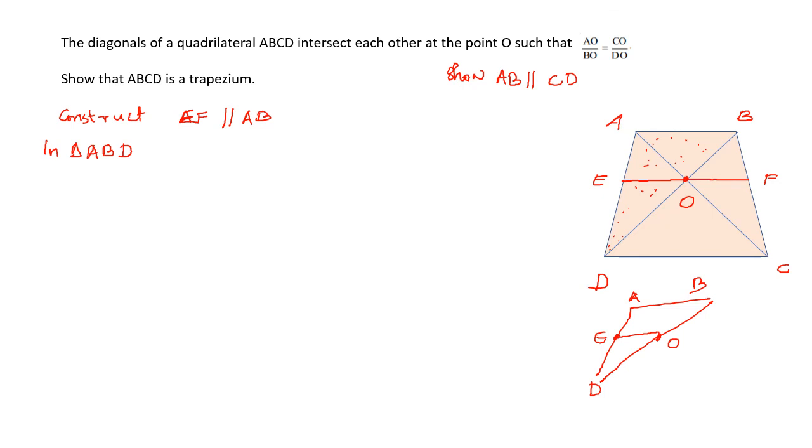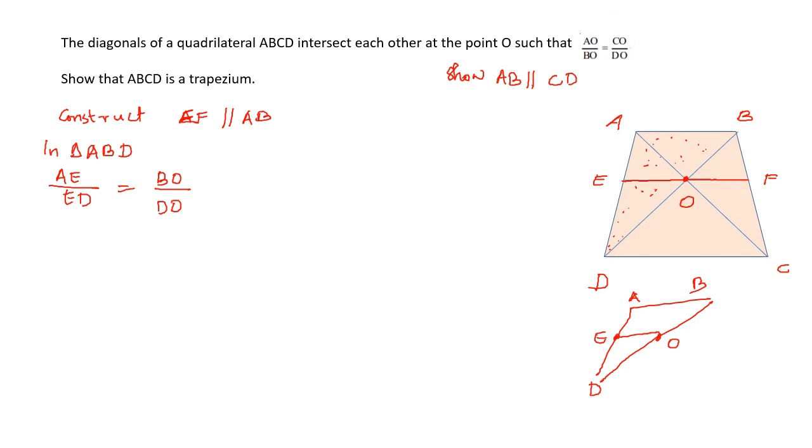So what do you get in triangle ABD? AE by ED is equal to BO by OD.